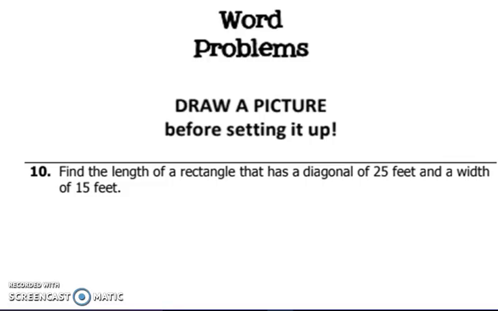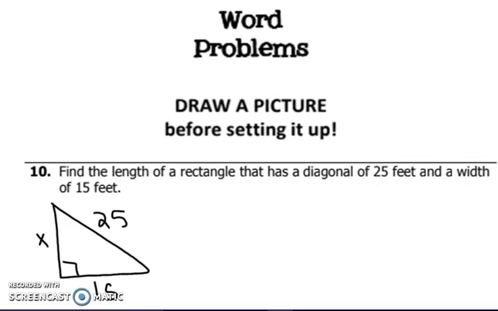When it comes to word problems, please make sure to draw the picture out. I know it seems simple, but make sure you draw it out so that we can label all of our sides properly. It asks, number 10, find the length of a rectangle that has a diagonal of 25 feet and a width of 15 feet. That means I need to find my height. From here, label your A, B's, and C's.